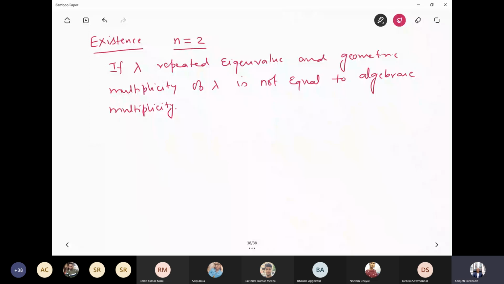Okay, so I changed the network to my mobile. So let's see how it goes. Can you see my screen now? There's no disturbance, right? Yes, sir.